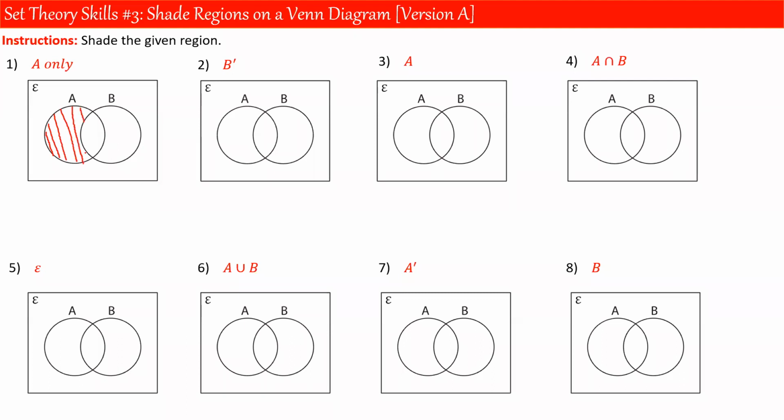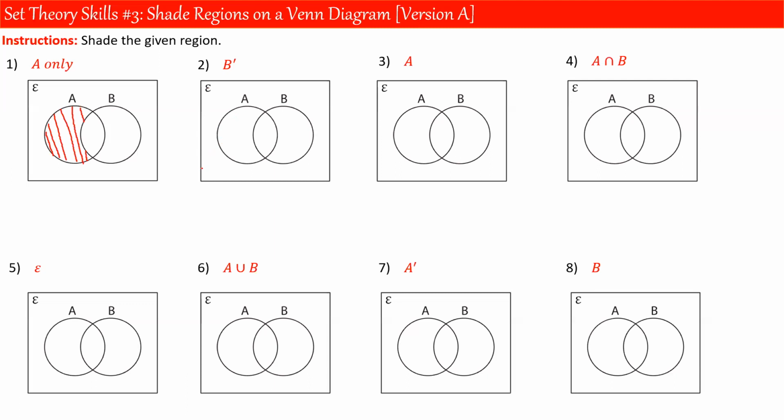Good. All right, Jasmine, B prime or B complement. Thank you, Danica. Okay. Shading the universal set. Yes, sir. Shading all that. What am I leaving?